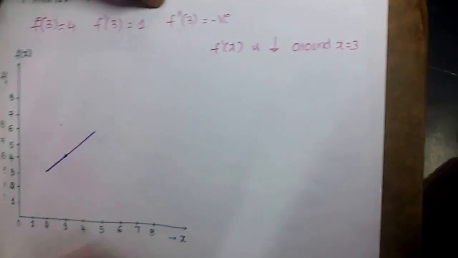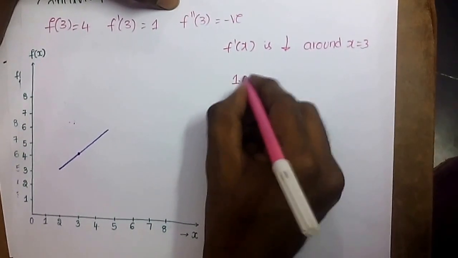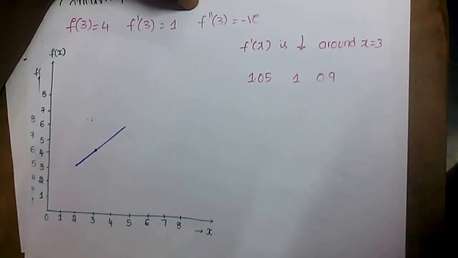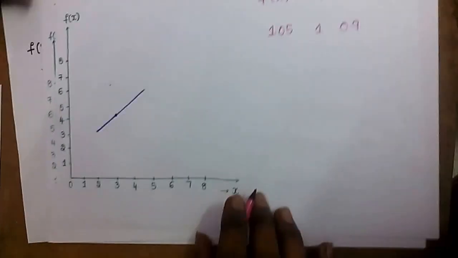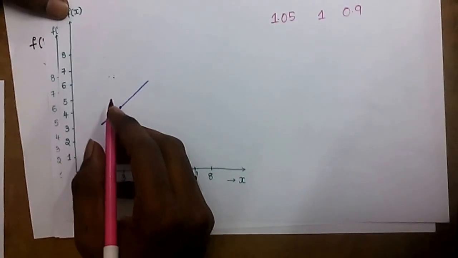So the slopes are say 1.05, 1.9, as we move. So what does it tell about f of x?